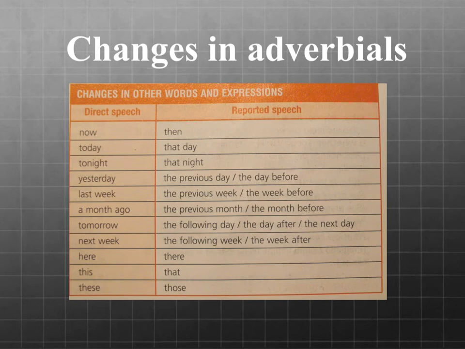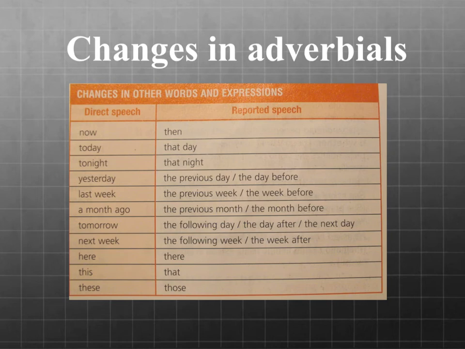Finally, we will see all the changes in adverbials which you can find in a sentence in English. If at the end of the sentence you have a word such as now, then in the reported speech you will need to substitute it with then. If you have an expression such as today, you need an expression such as that day.